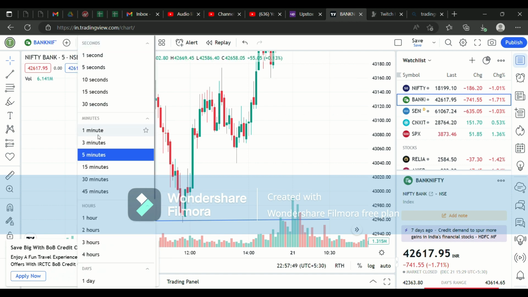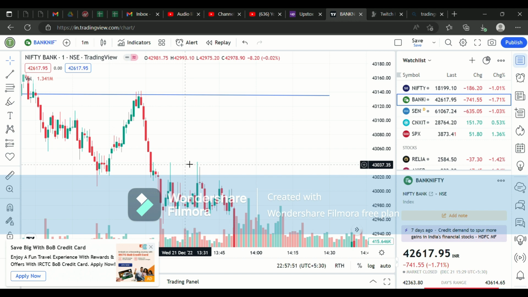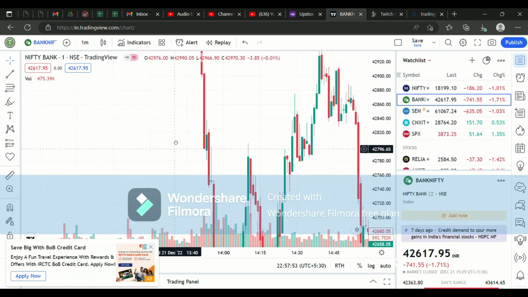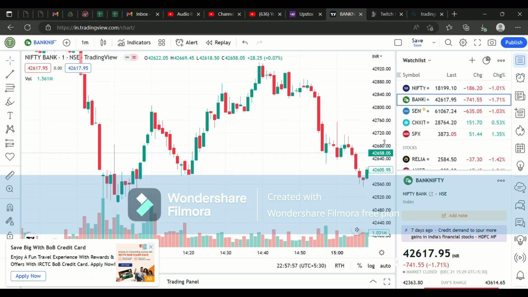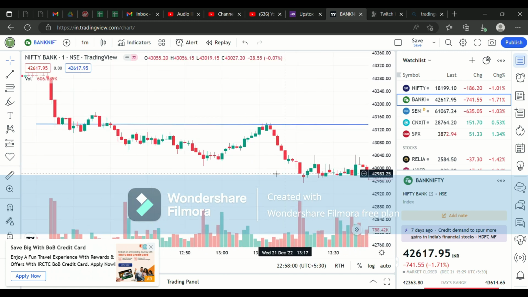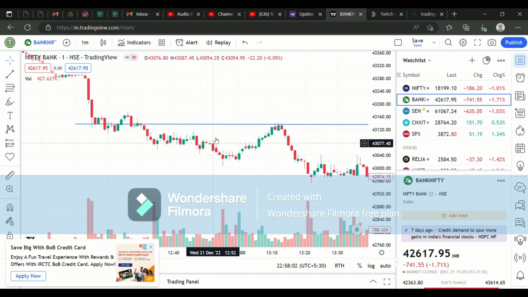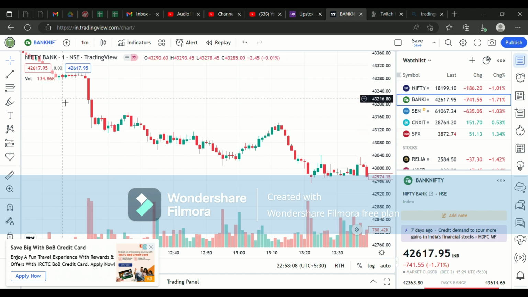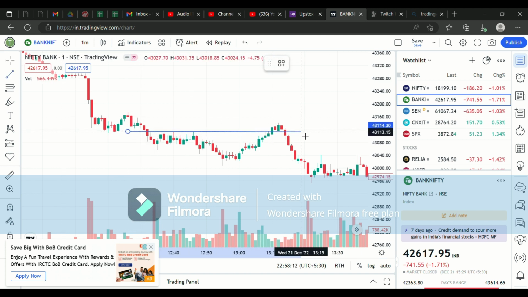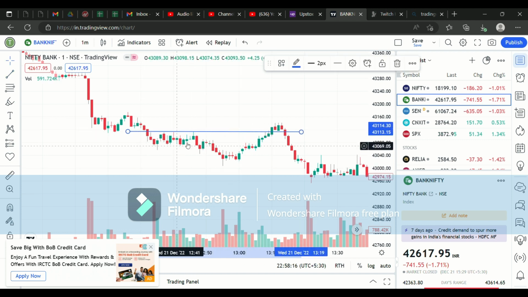So I marked this one as this, and when the market came up I would rather draw this line differently. This is quite good because it was hovering in this range for almost an hour.